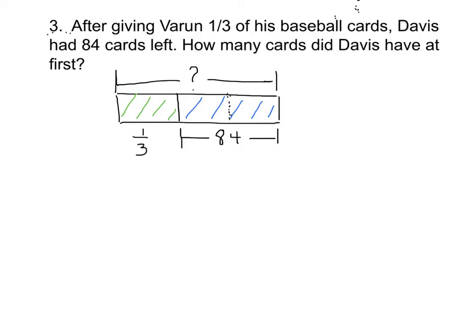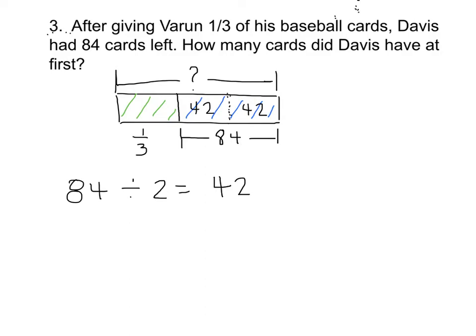So to do that, I would take the 84 and split it into 2 equal parts so that each part has 42. So that means there's 42 cards in each third.